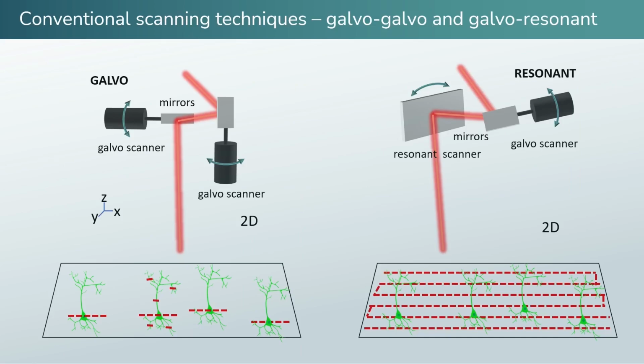Classical multiphoton, two-photon scanning techniques are the galvo-galvo and the galvo-resonant scanning. They are not particularly slow, since they can record physiological data. Their speed ranges from a typical 20 through 40 to a few hundred hertz, and can reach 1,000 hertz if recording a smaller area.